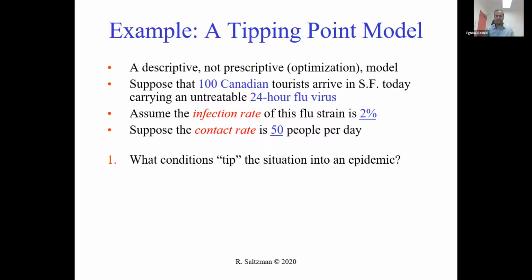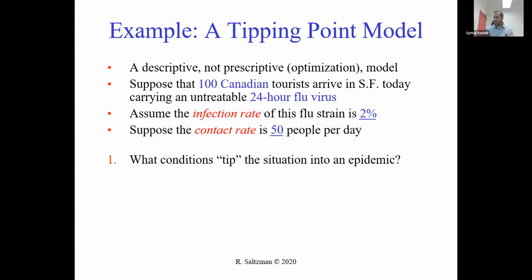What conditions tip the situation into a pandemic? So if you have 100 infected people with a flu virus that lasts 24 hours, and by the way, that means that if a person is infected today, we assume that tomorrow after 24 hours they don't have the virus, it magically disappears.